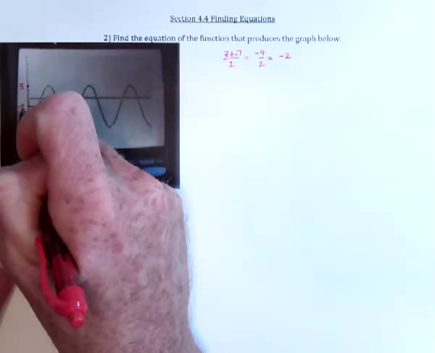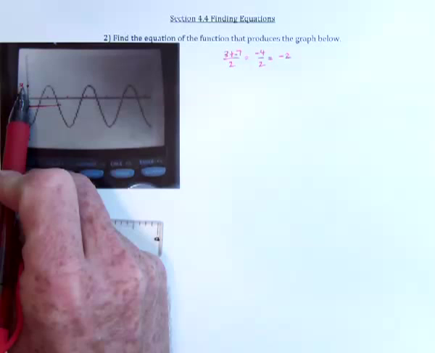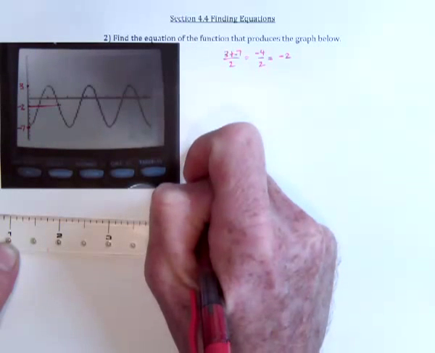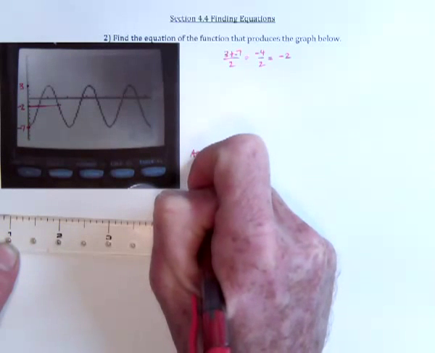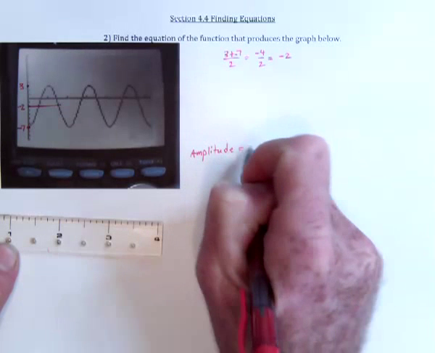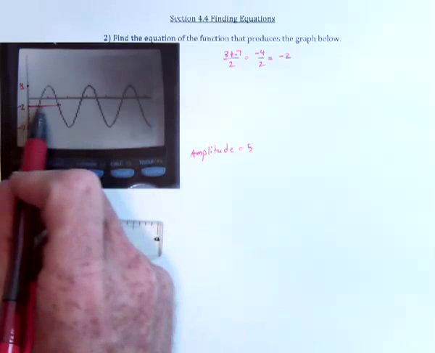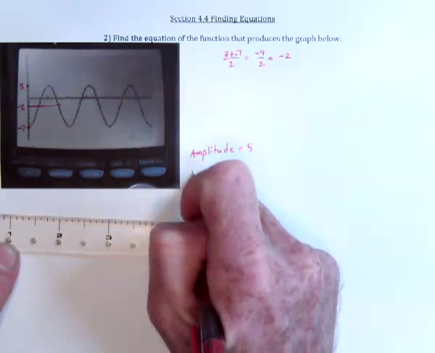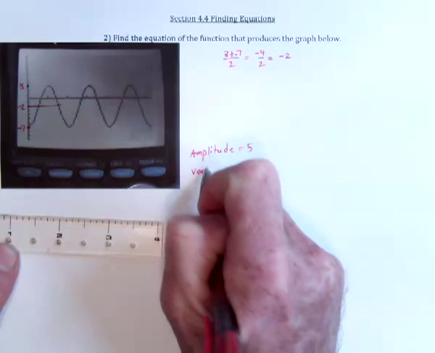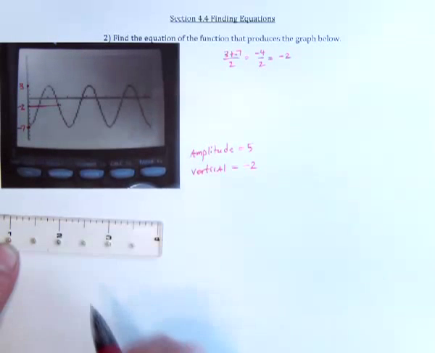As well as if I measure the length from here to here, which is 5, or I measure the length from here to here, which is 5, I've got the amplitude is equal to 5, and since this is the middle of the graph, the vertical shift is that it was moved down by 2.